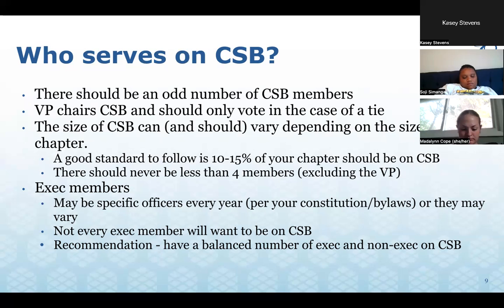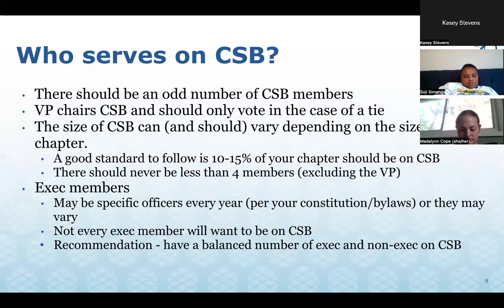So that means there could be a tie. You as the chapter VP are chairing the meeting, which means that you're coming to the meeting with an impartial voice, you're presenting the facts, and you only vote in the case of a tie, which is the same as if a chapter president had to come and vote in the case of a tie in an election or something like that.